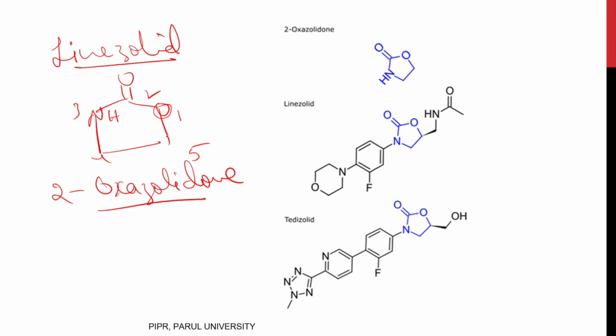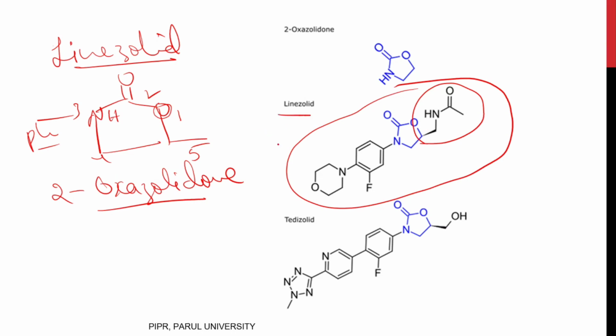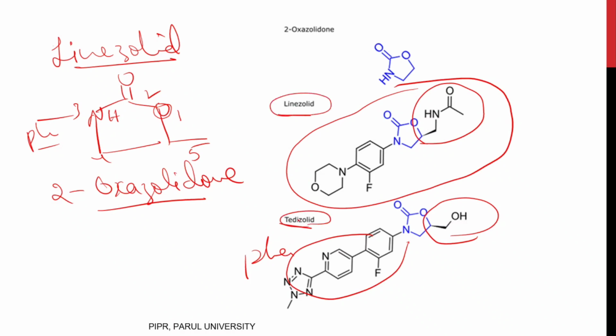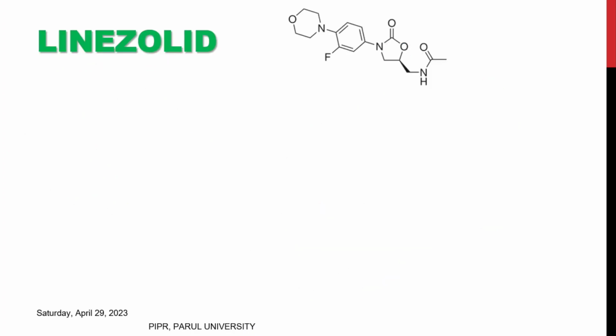If on the fifth position acetamide is added, and on the third position a phenyl group is added, that compound is called linezolid. If we compare linezolid and tedizolid, on the fifth position we have a hydroxymethyl group, and on the third position another phenyl group is present. So this is the difference between linezolid and tedizolid. Anyways, studying these chemical structures is not necessary for us. Now let us go in detail about linezolid.